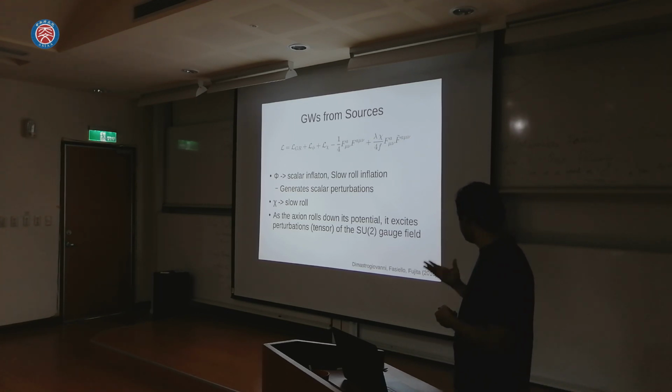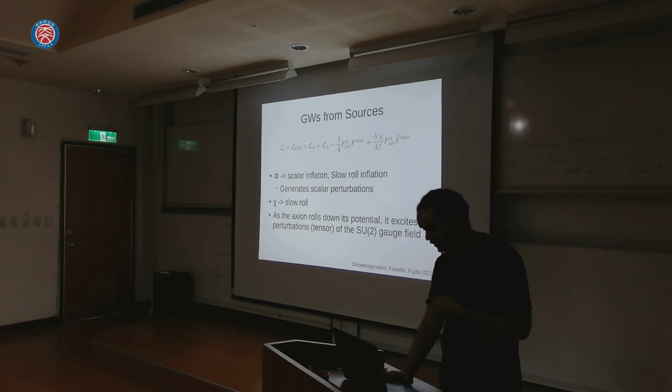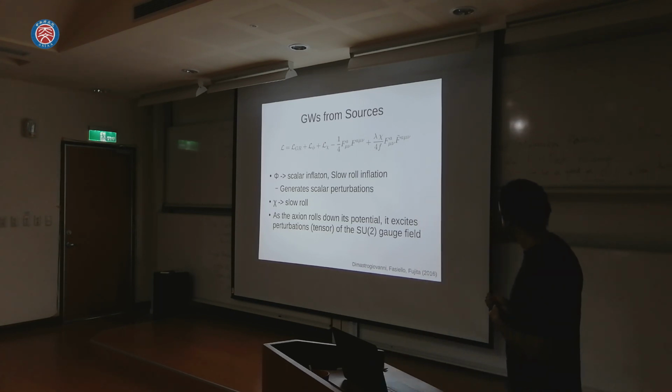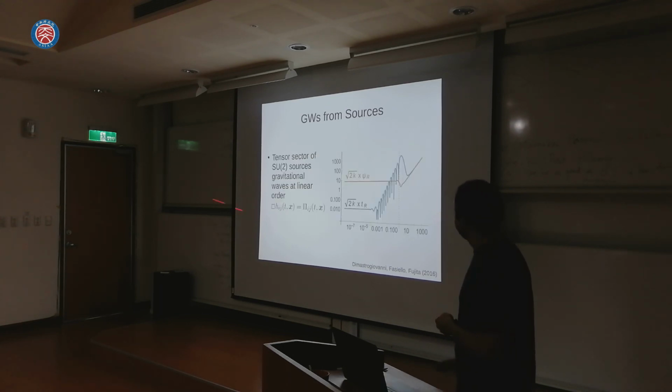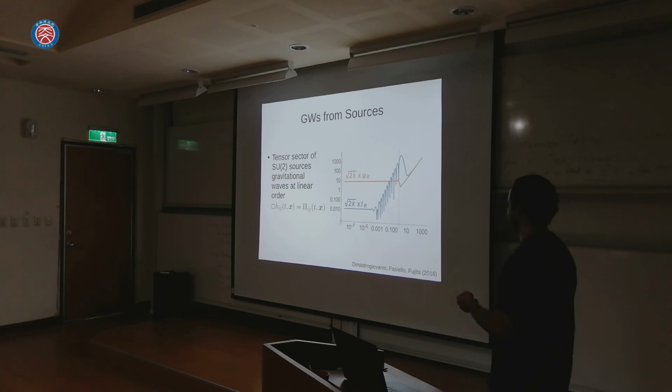The important feature of these fields is that they have a tensor degree of freedom. So as the axion rolls down, it can also excite this tensor degree of freedom of the SU(2) gauge field, and that can then linearly source gravitational waves. Once again, the right-hand side is non-zero, but this is already appearing at linear order and no longer at second order.